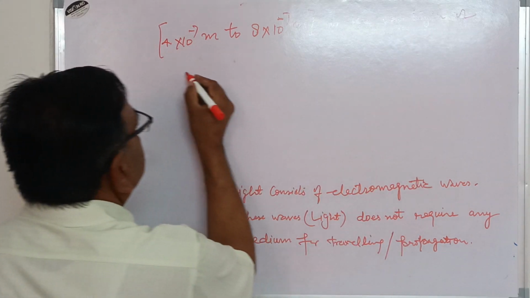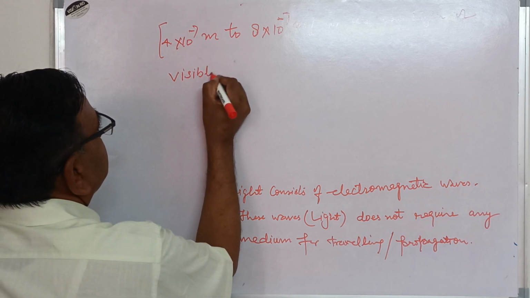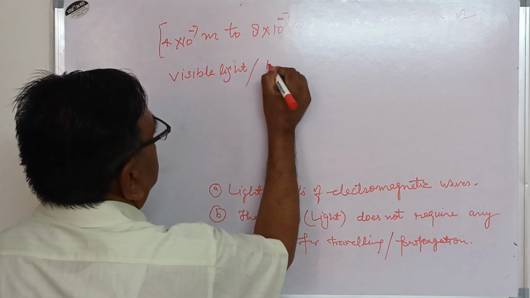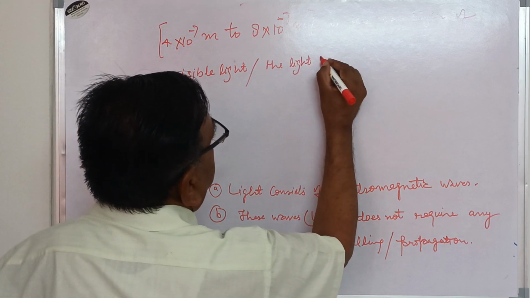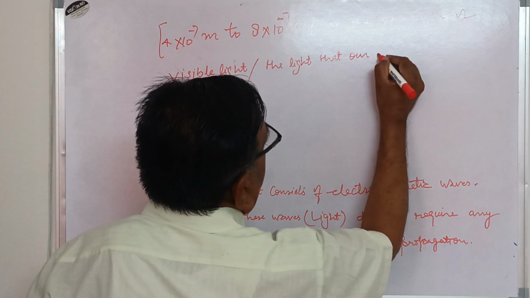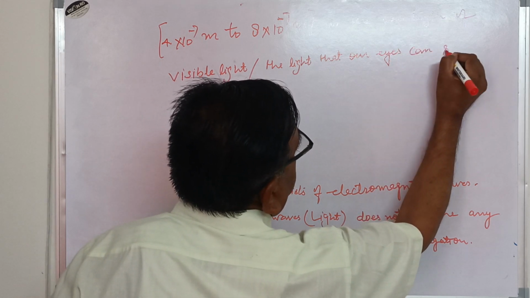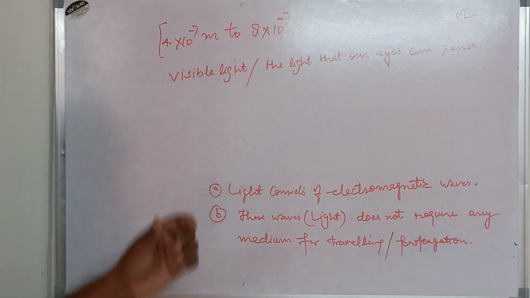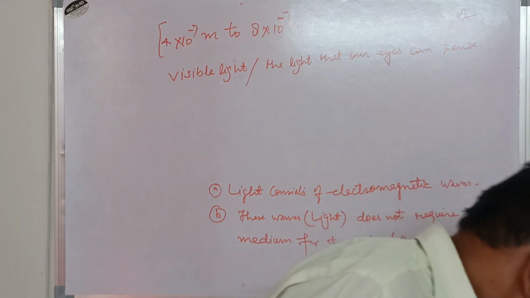Is the wavelength of visible light, or the light that our eyes can sense. Visible light की ये wavelength है, very short range wavelength out of total wavelength.